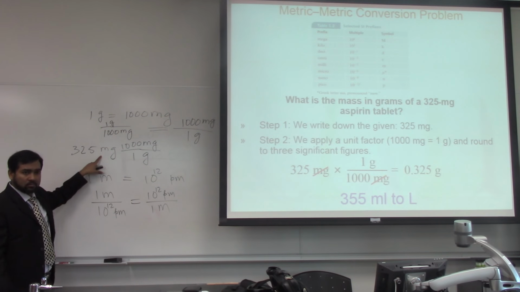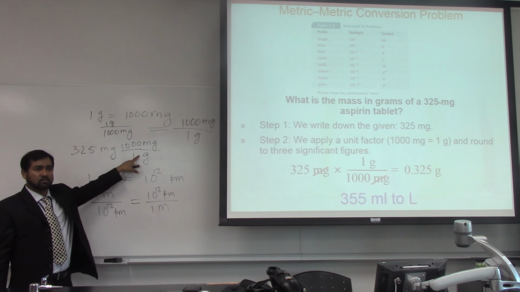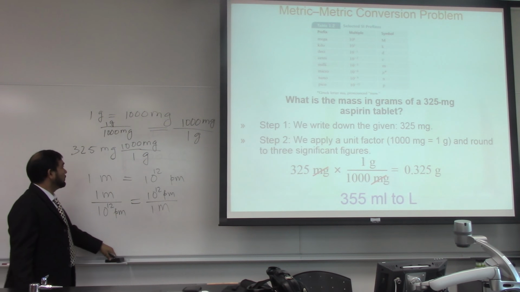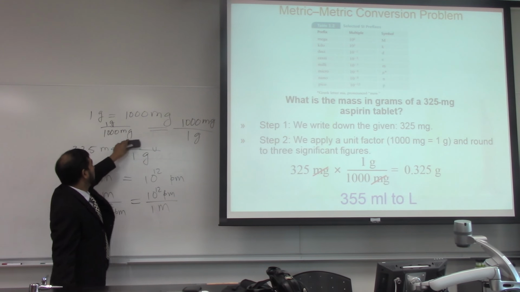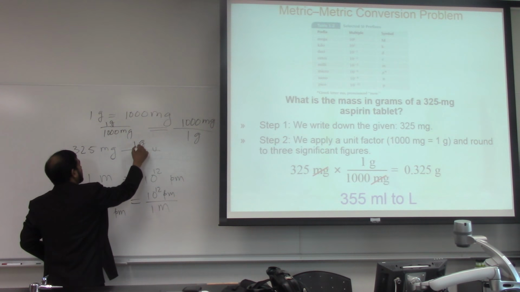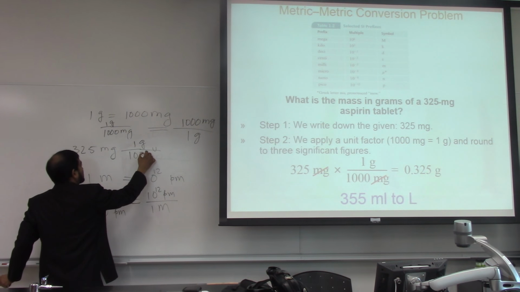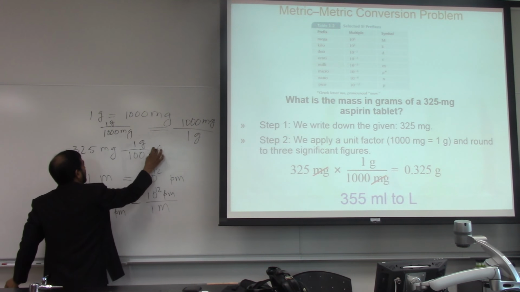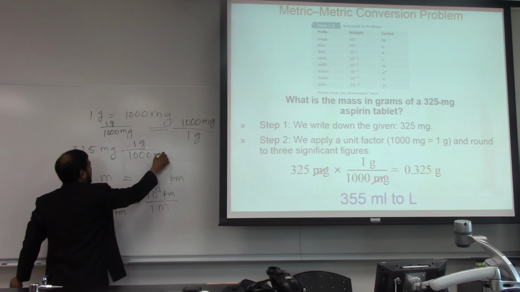No. Because this is the top, this is the bottom. You cannot. So what you need to do? You need to write gram on the top, milligram on the bottom. So that is 1 gram over 1000 milligram, right?